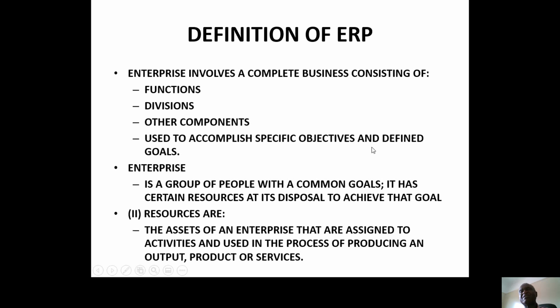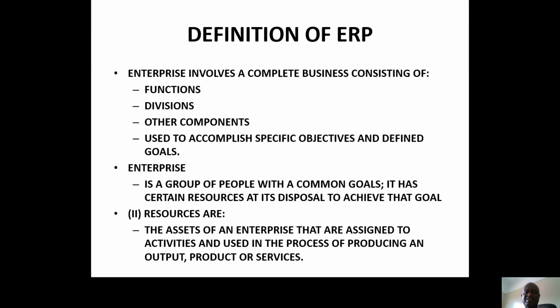Now, what is it? Enterprise involves a complete business consisting of functions, divisions, and other components used to accomplish specific objectives of the organization. An enterprise is just a group of people with specific goals. It has certain resources, and what are the resources?